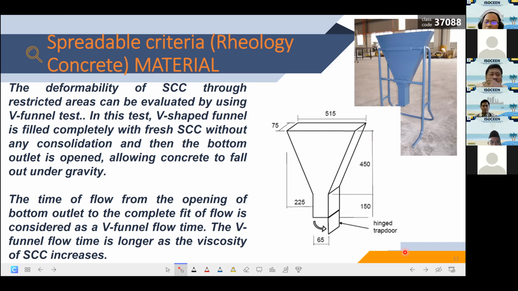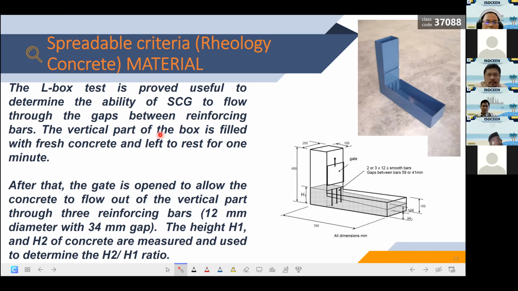And the third criterion of the spreadable grout is the L-box test. Yeah, this is the L-box test. The L-box test is useful to determine the ability of self-compacting grout to flow through the gaps between reinforcing bars. We fill this compartment with the fresh grout.